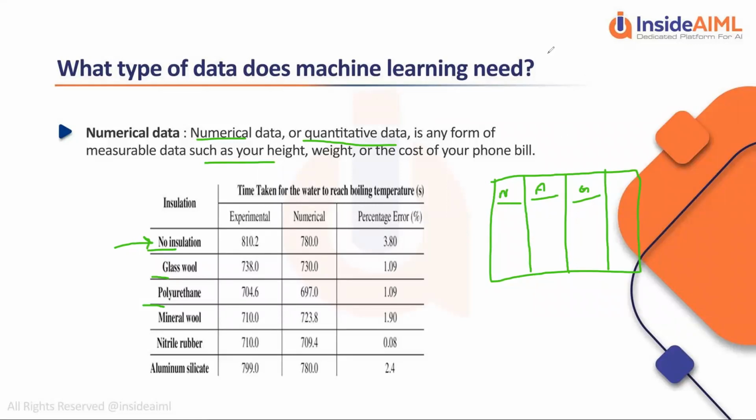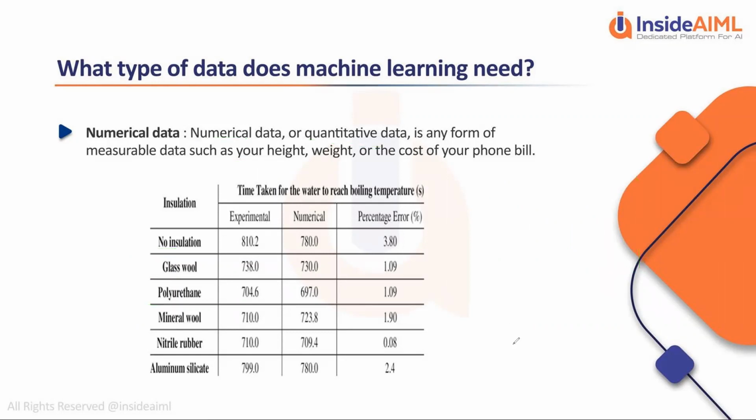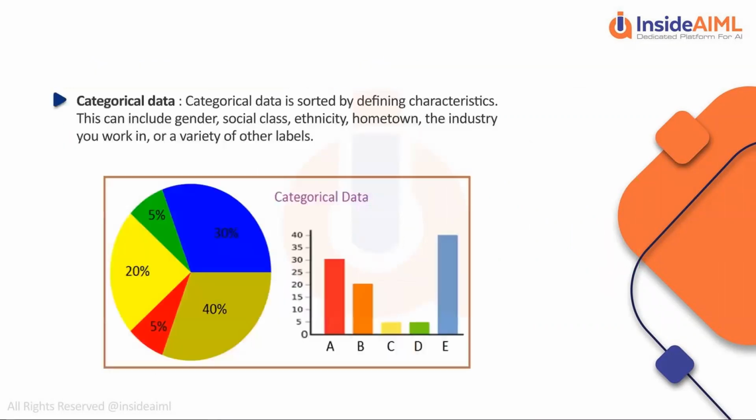We also have categorical data. Categorical data is sorted by defining characteristics. This can include gender, social class, ethnicity, hometown, industry, your grades, the color of the bike, the color of your hair. All of this has some sort of categorical value. What do I mean by categorical value?